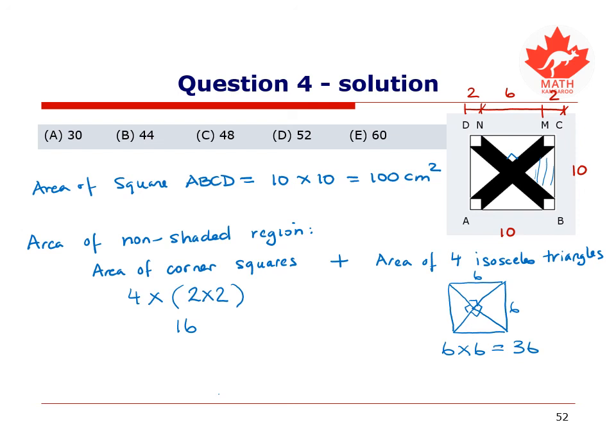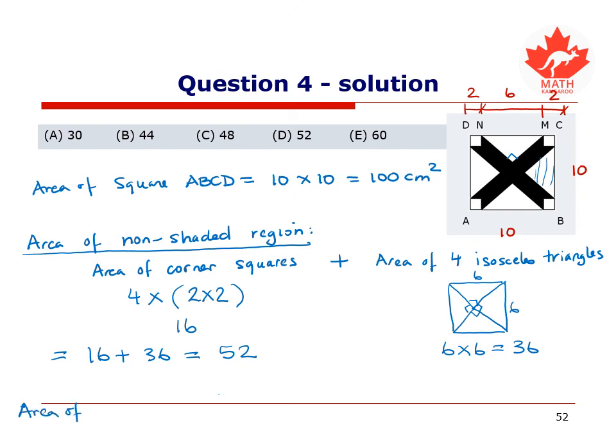The area then for the non-shaded region, which is the area of the 4 corner squares plus the area of the 4 isosceles triangles, is 16 plus 36, which is 52. The area of the shaded region was equal to the area of the square ABCD minus the area of the non-shaded region.